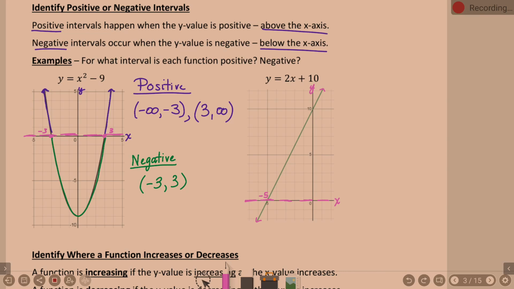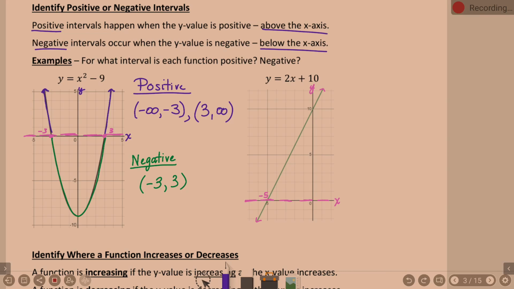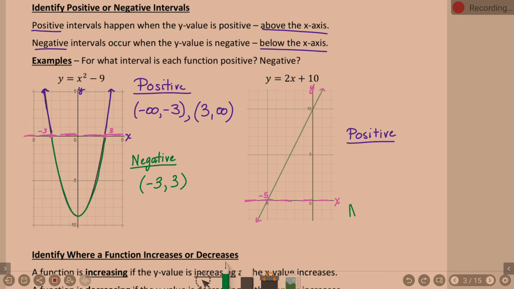Or just note that it's to the left of 0. Okay. So we can do whichever one you guys want, but we're going to talk about where is my graph positive, and where is my graph negative.